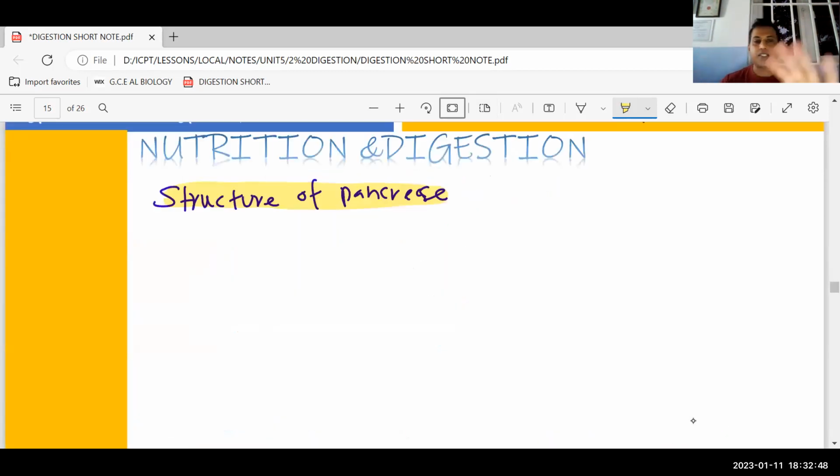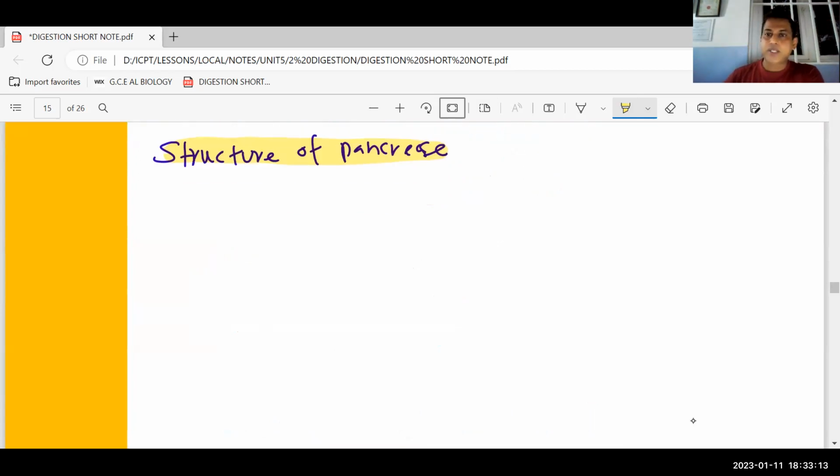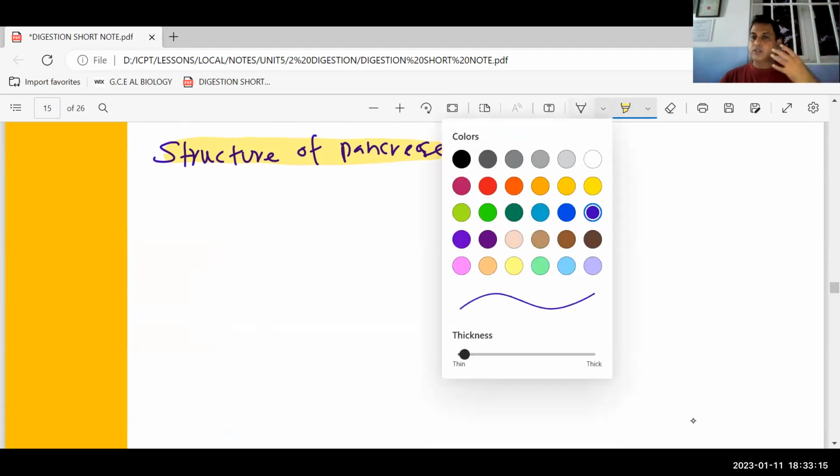So function: four enzymes: lipase, amylase, trypsin and chymotrypsin, and nucleases, deoxyribonucleases and ribonucleases for DNA and RNA breakdown, and bicarbonate ion for neutralization of acidic environment. Okay, so we see how it looks, the gross appearance.